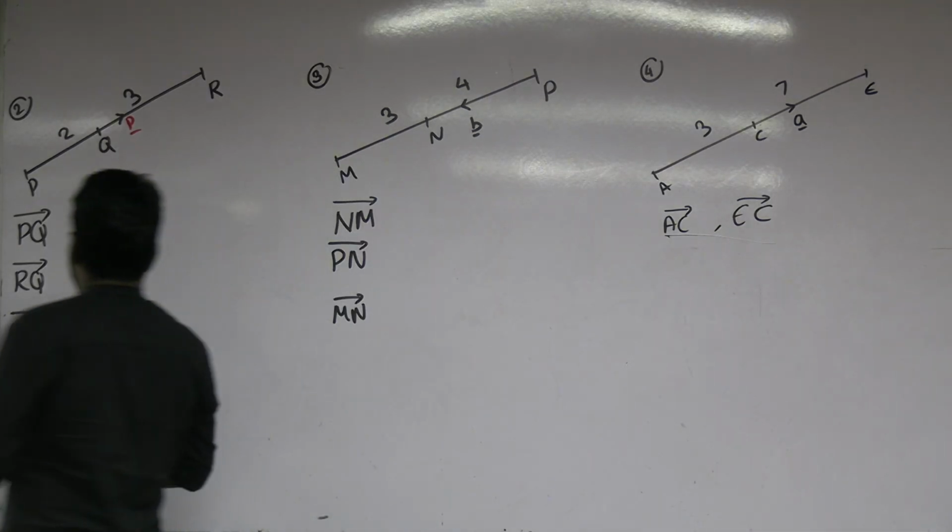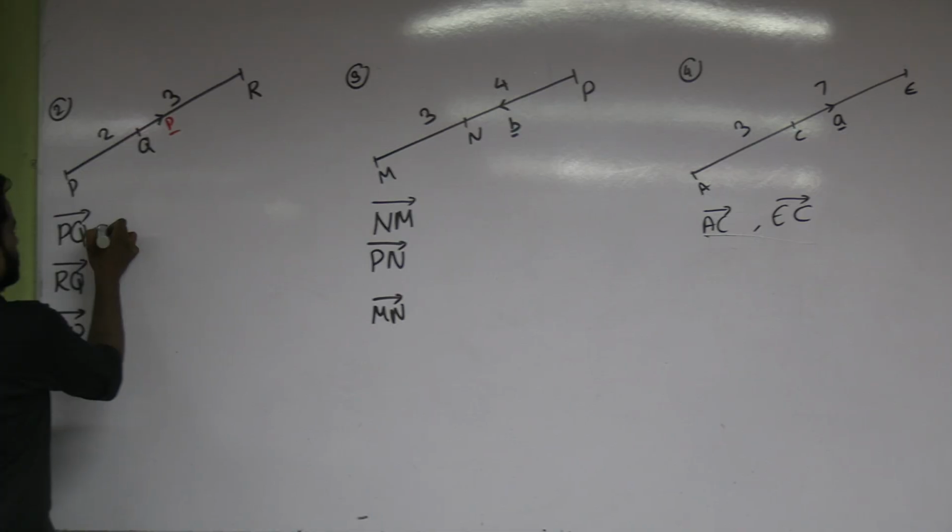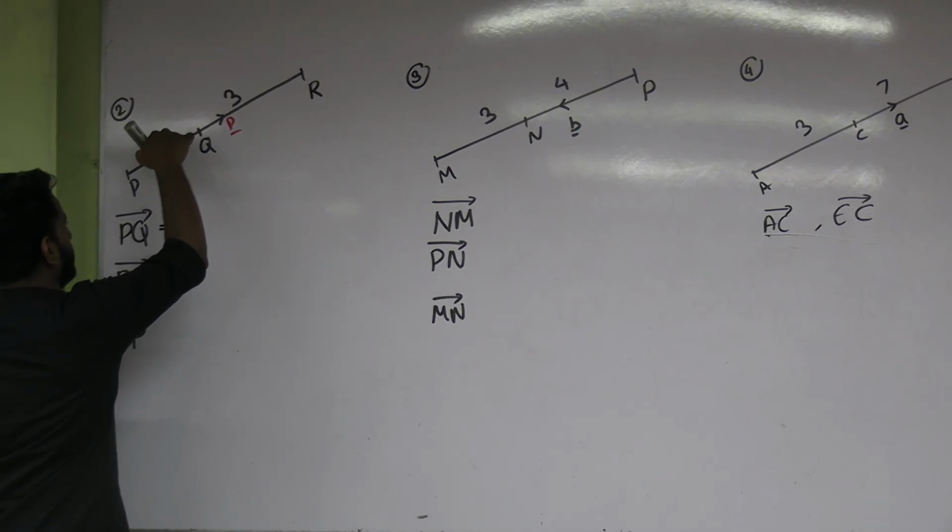Right, so here we can write PQ. The vector PQ is a portion of PR and the ratio is 2 over 5.